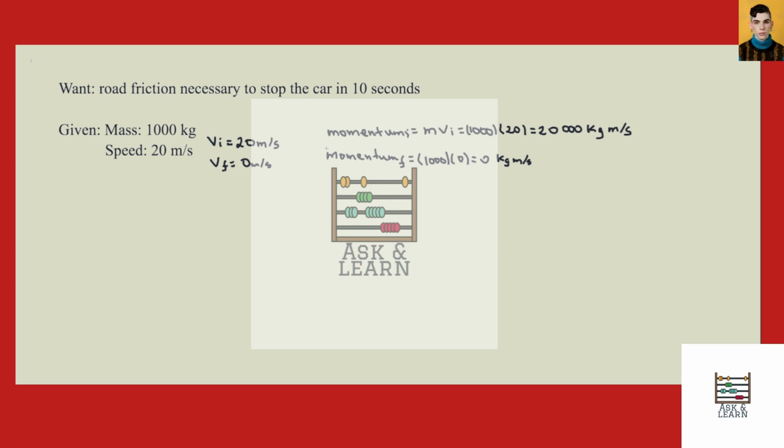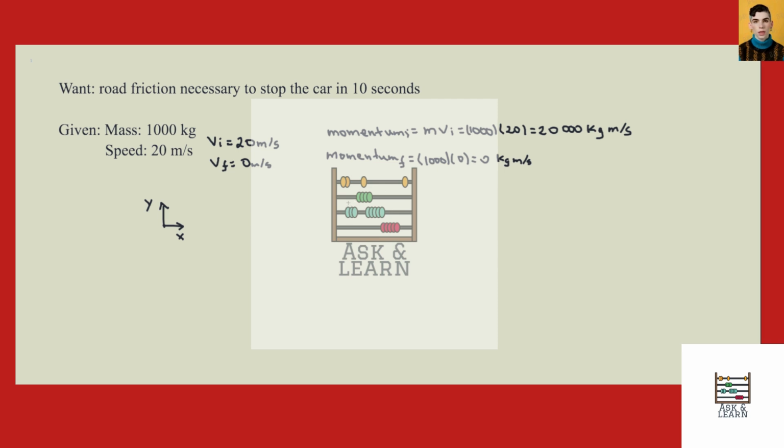We have to always remember these are vector quantities. So let's say that this is our y-axis, and x-axis. And let's say that the car is moving towards the positive side, so we can keep this initial momentum as a positive number.